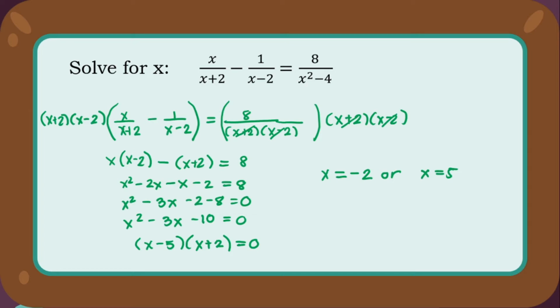Since x is equal to negative 2, when we substitute it, this will make the equation undefined. When does an equation become undefined? When the denominator becomes equal to 0. Therefore, the only solution is x equals 5.